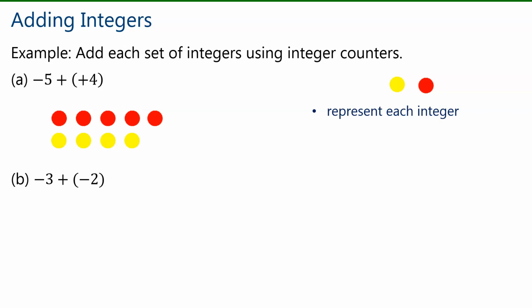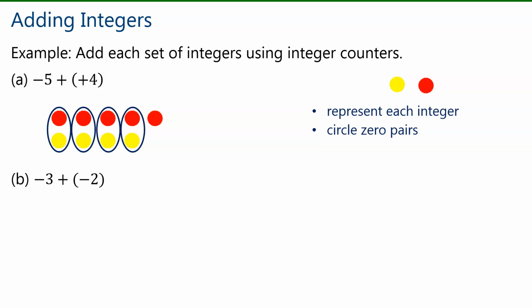Now I have them lined up like this because in the next step we're going to circle zero pairs. It's easier to circle zero pairs if you have one on top of the other like this. So we have 1, 2, 3, 4 zero pairs. Now the counters that are left over would be the answer. So here I have 1 red counter, which equals -1.